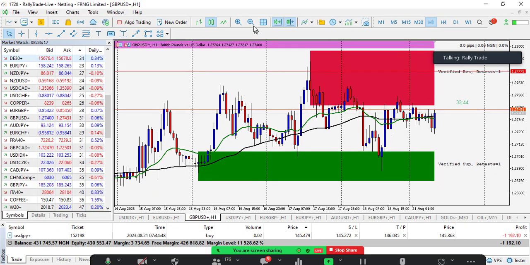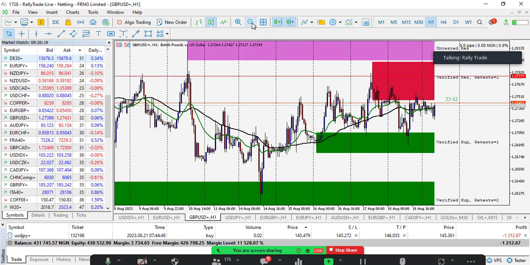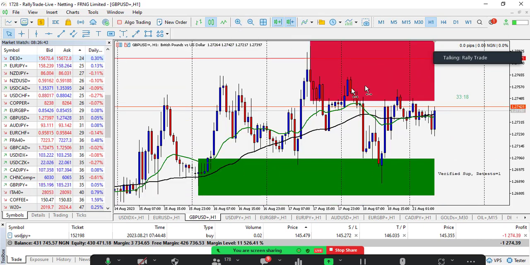Position your chart in such a way that you can see what the chart is saying. We can see the market has been rejecting this level. There has been a huge rejection on this level. That's what we call verified support. So the market has been rejecting that level.